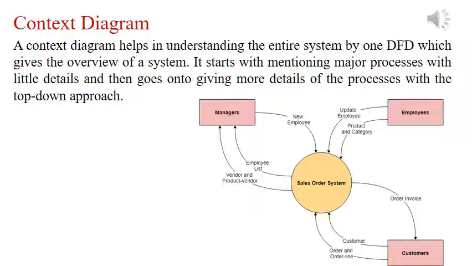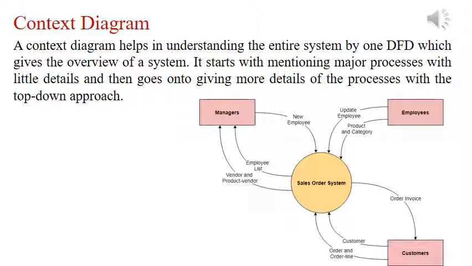Whereas for the manager, a new employee can be added, so the employee list is to be updated by the manager. Any new employee who is a part of the sales order system is managed by managers. So the manager is also managing vendors and product vendors. So the manager has 2 or 3 roles in an organization.